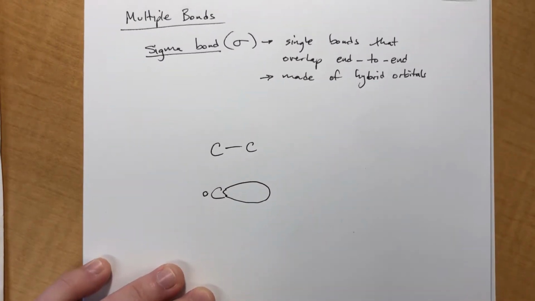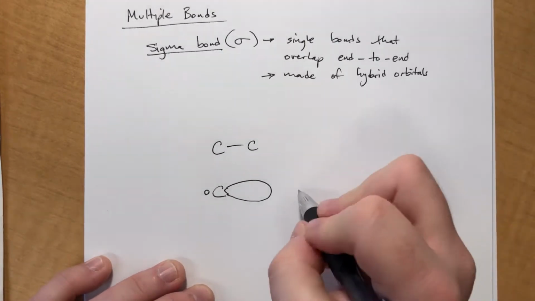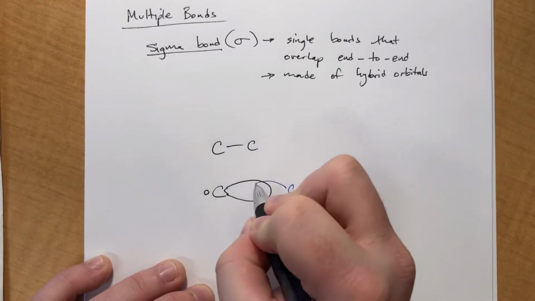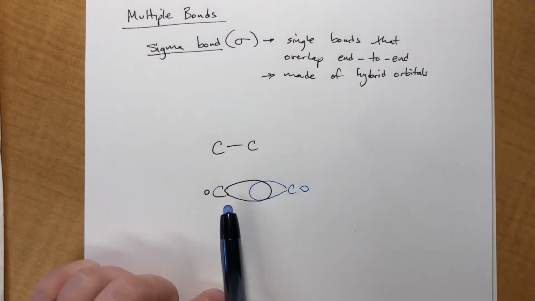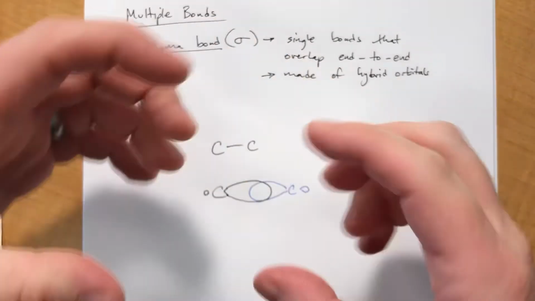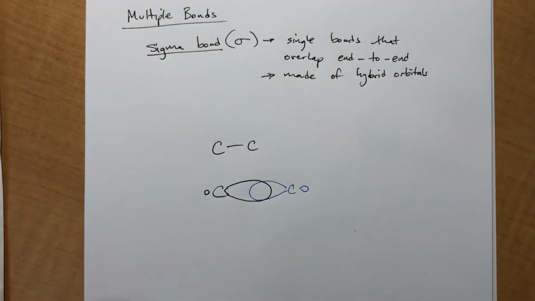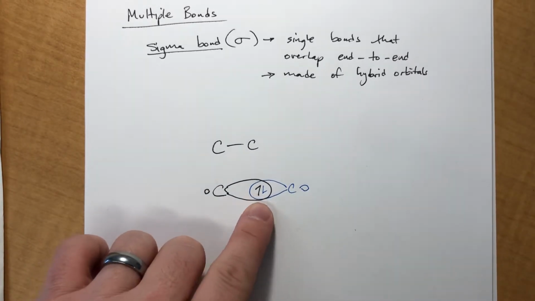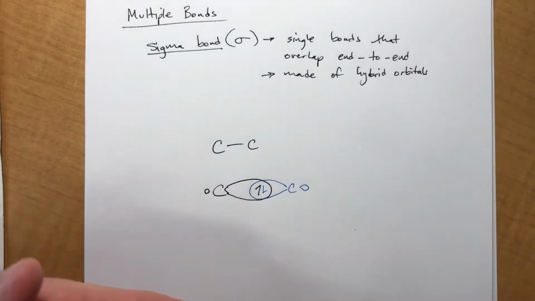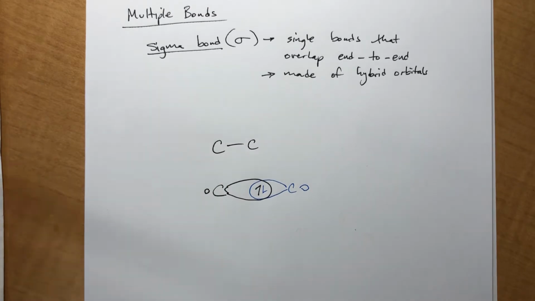And then I'll do the other one in a different color just for contrast. So both of these are hybrid orbitals, but the idea is they overlap end to end. Okay, they're pointing towards each other. The electron density is overlapping. You end up with each of them donating 1 electron, and the overlap pairs them up and forms the bond. Not a big deal.